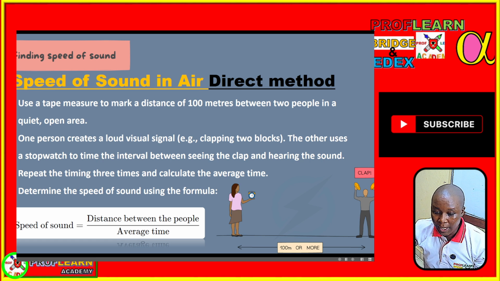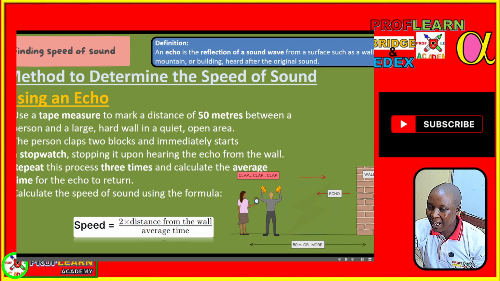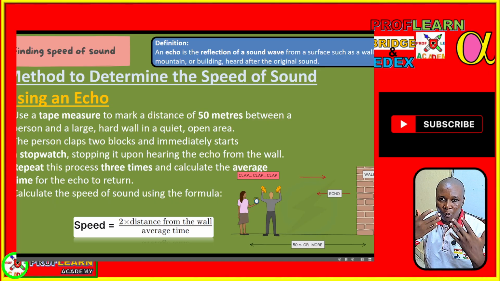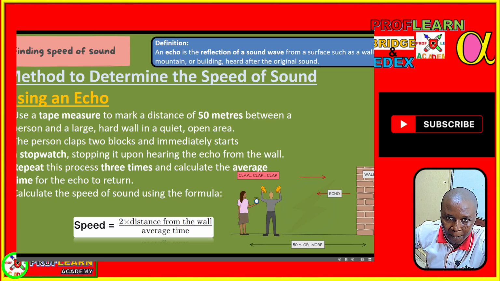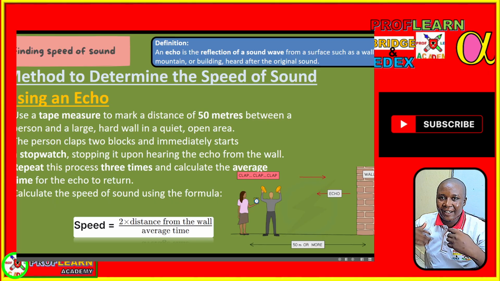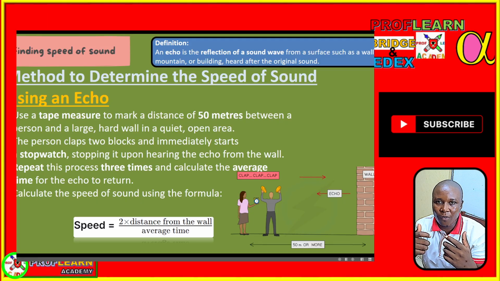Okay. Number 2, we are going to look at another method. There is another method you can use, and this method is called the echo method. You need to understand that an echo is a reflected sound. When sound travels from one point to the wall and comes back, that type of sound you hear after the reflection is called an echo.